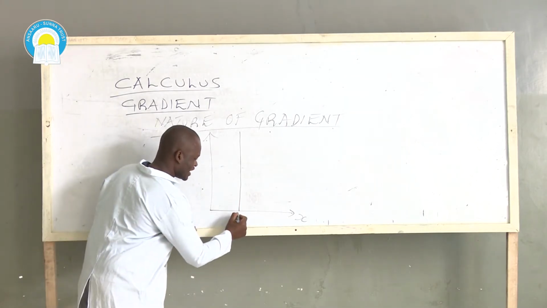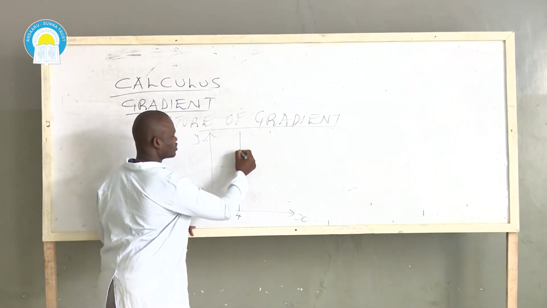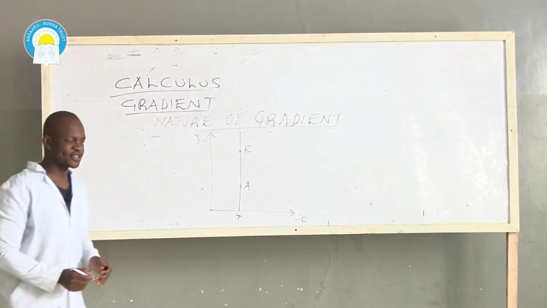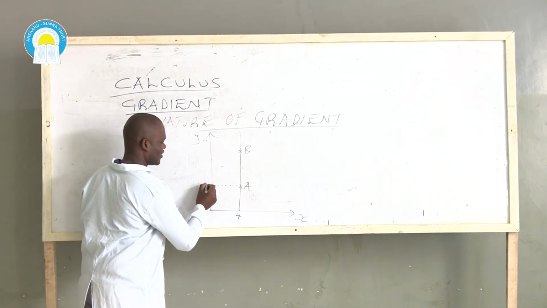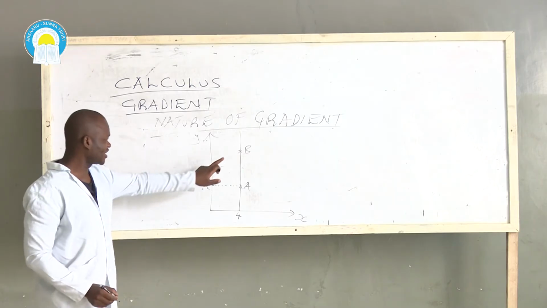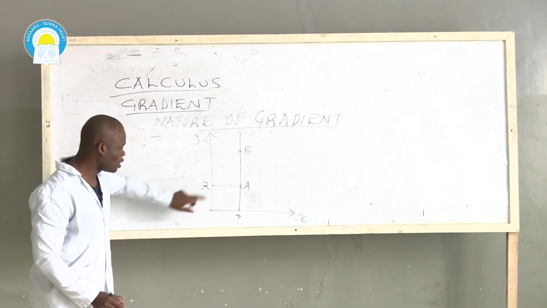Let me choose an x value of what? 4. And then choose some 2 points. I've got point A and I've got what? A point B. Now, point A, I'm going to assign a y value of 2. Having done that, very obvious, it means what? The y value of B should be more than 2.